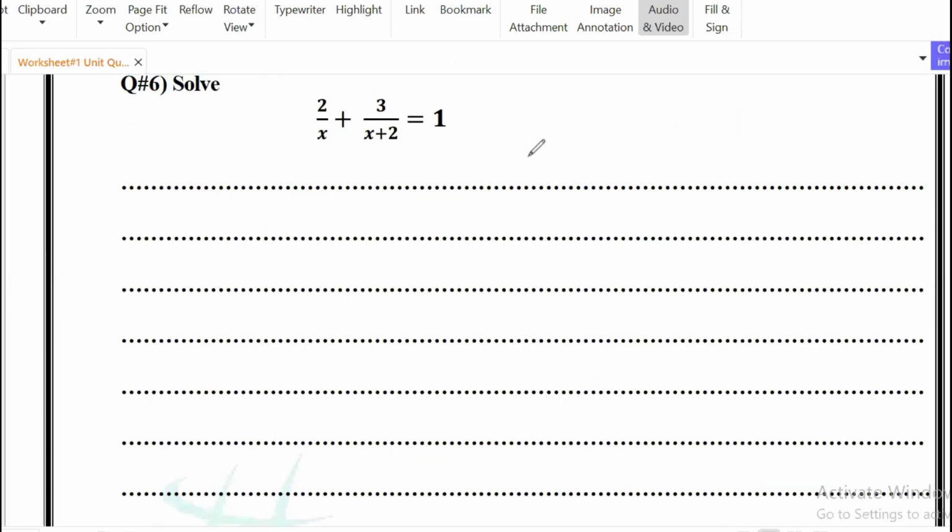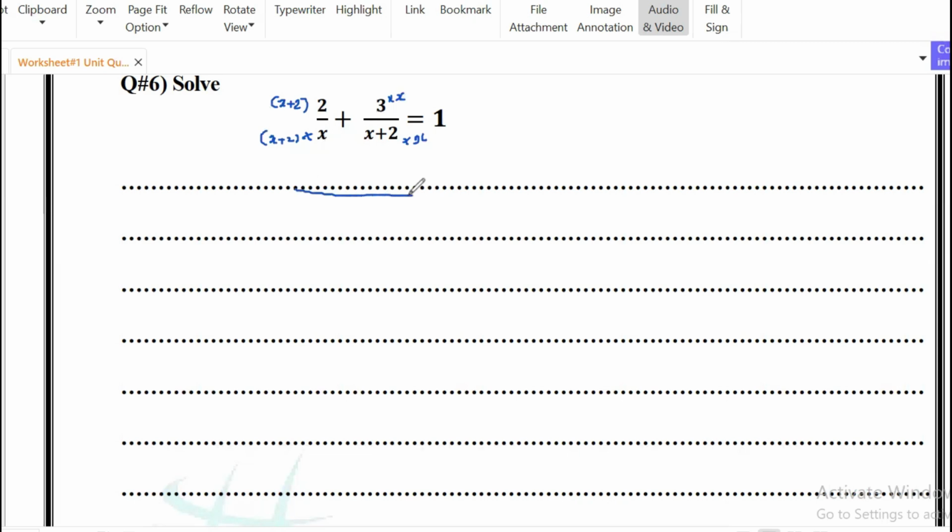Question number 6. We will try to make the quadratic form first, and then we will use factorization or other rules to find out the roots. So the first thing is to make the denominator the same. This is one way, or by using cross multiplication, that will work also. So to make the denominator the same, multiply here x plus 2 with both, and here multiply by x and by x.